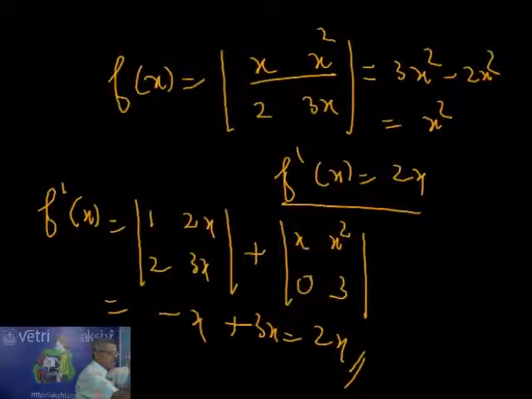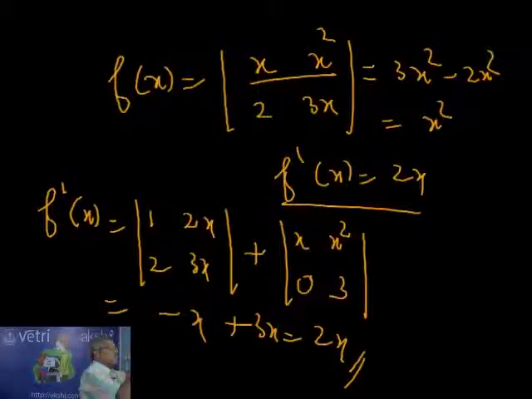Plus, keep the second row as it is. In the second determinant, keep the first row as it is, differentiate the elements in the second row, differentiating 2, 0, differentiating 3x. Expand this, you get the same answer. This methodology can be followed to differentiate a determinant of order 2, order 3, order 4, order 5, any order.